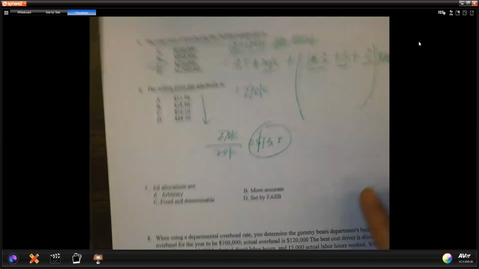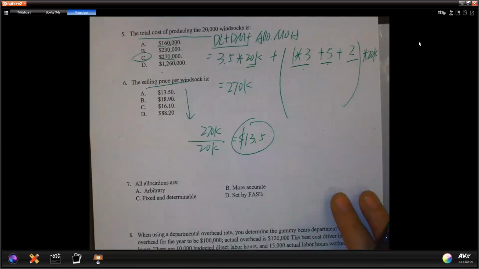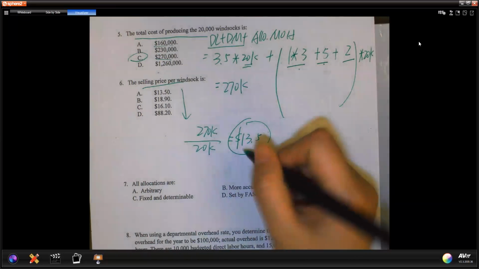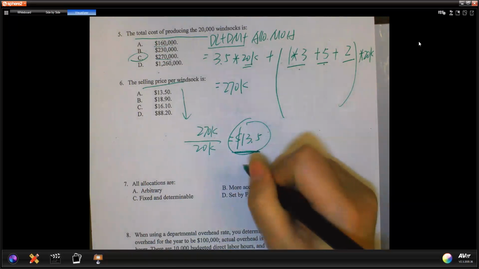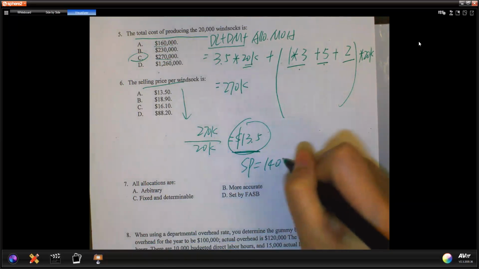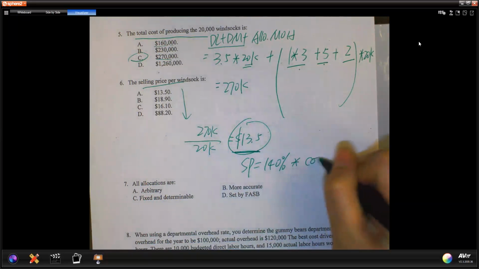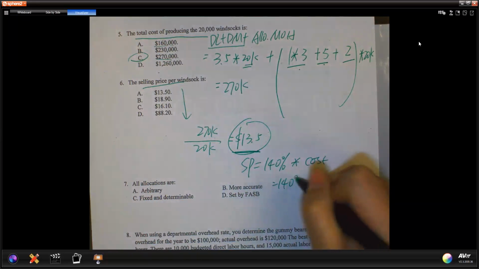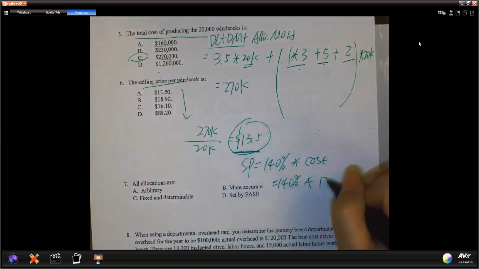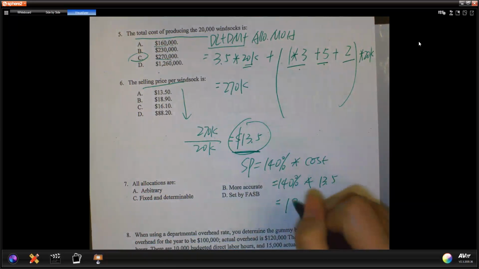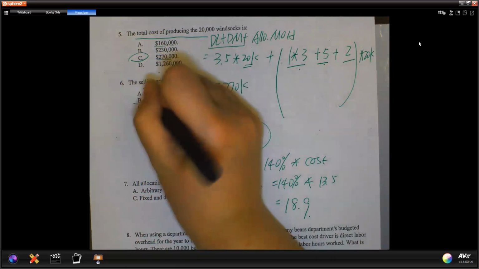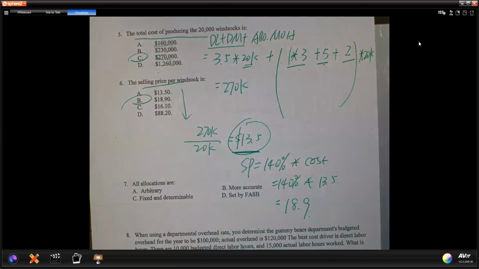So 140% times our cost of 13.5 gives us $18.9 each. That gives our answer B.